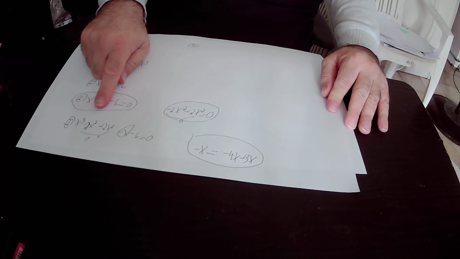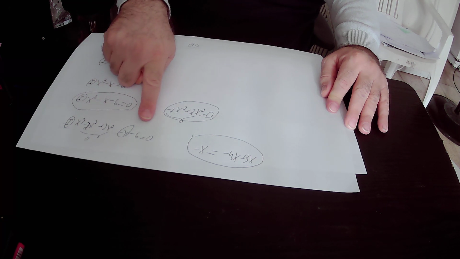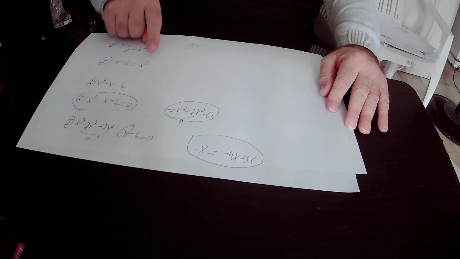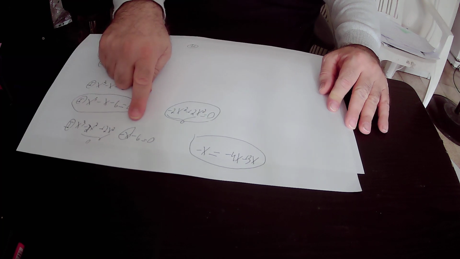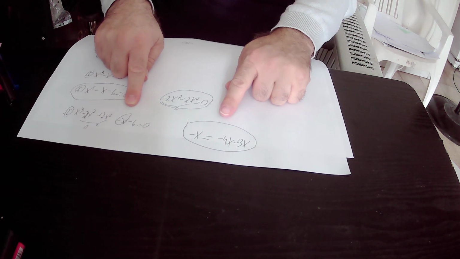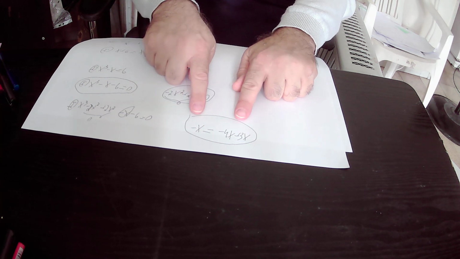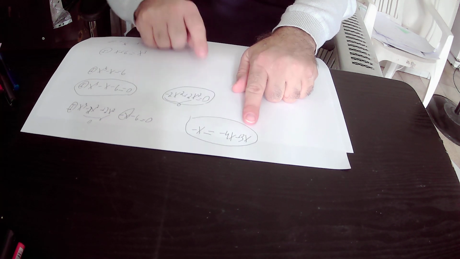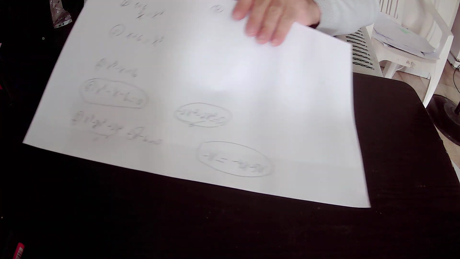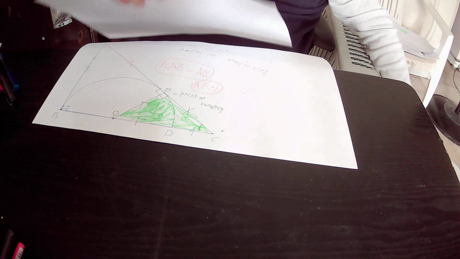x cubed minus 2x squared plus 2x squared minus x minus 6 equals 0. Then we replaced minus x by minus 4x plus 3x, because minus x equals minus 4x plus 3x, and we got this expression.